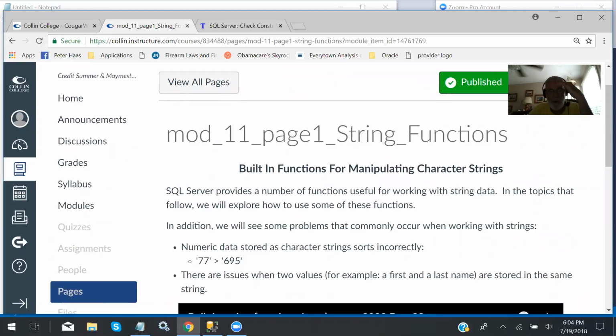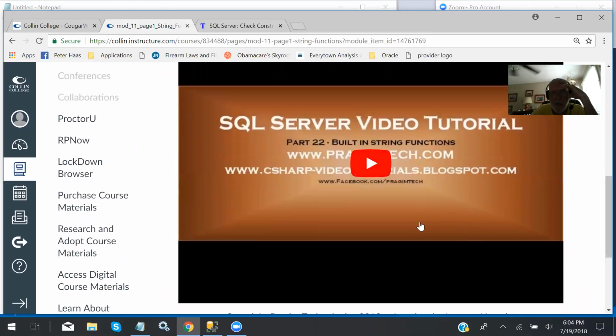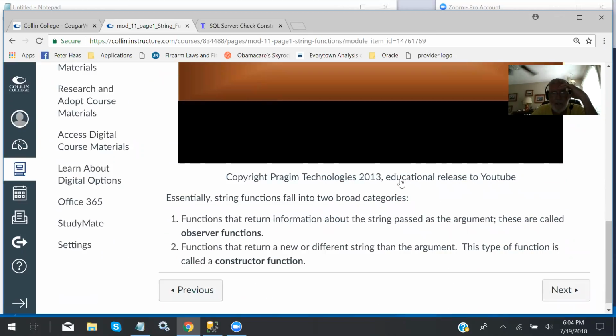And there are some problems that come up in this, and that is numeric data stored as character strings does not sort correctly because the string 77 sorts as greater than 695, even though 695 is clearly greater than 77. And we have some issues when we have a first name and a last name stored in the string. I'll let you look at this tutorial. It's good. I hope it amplifies that.